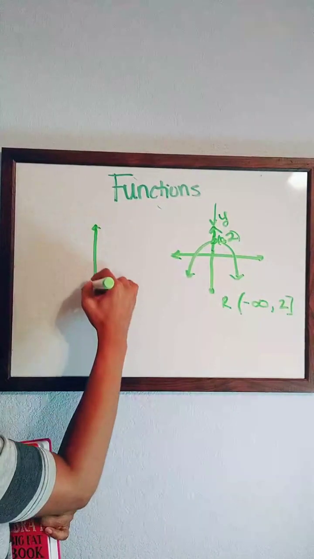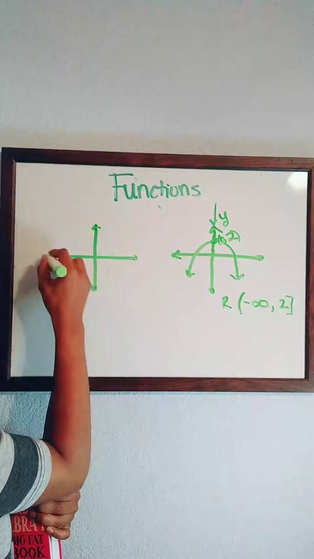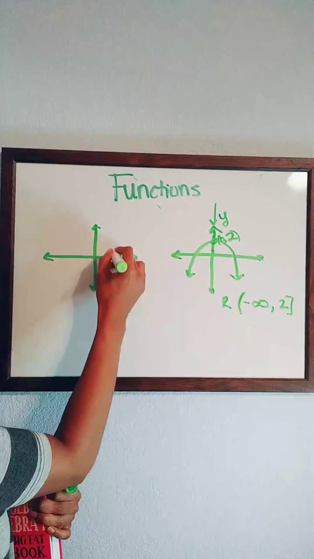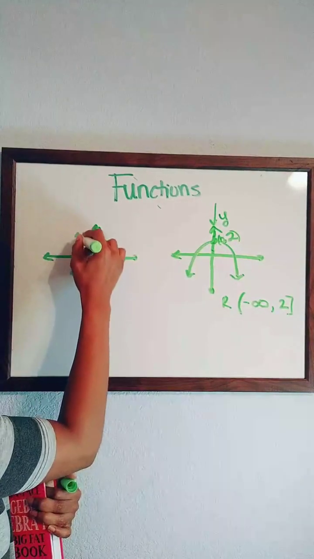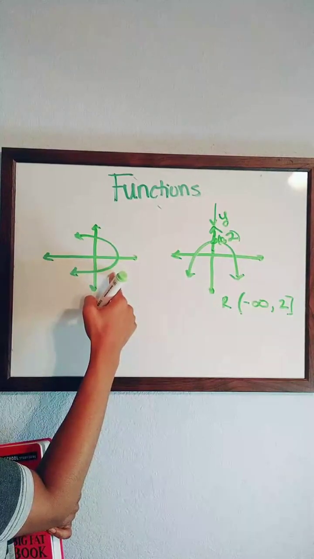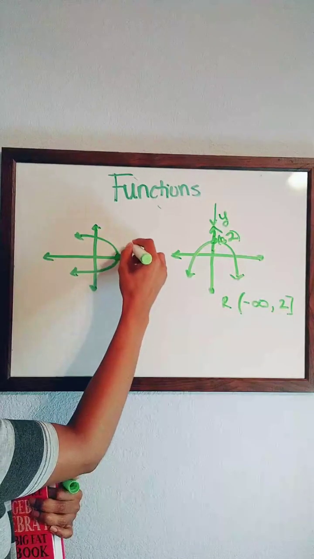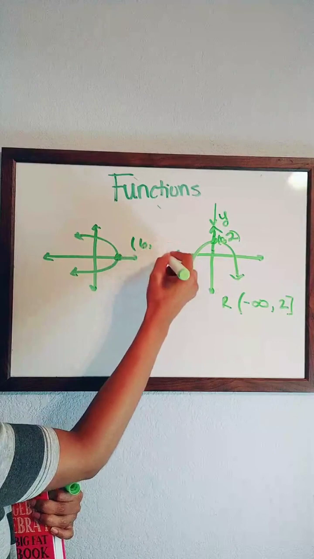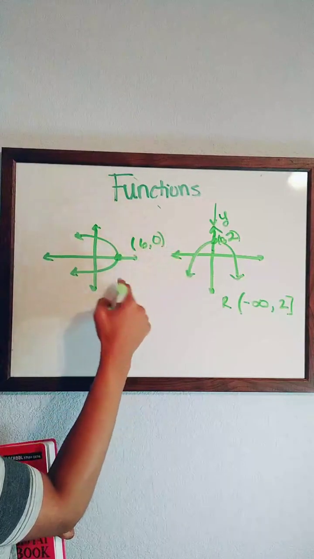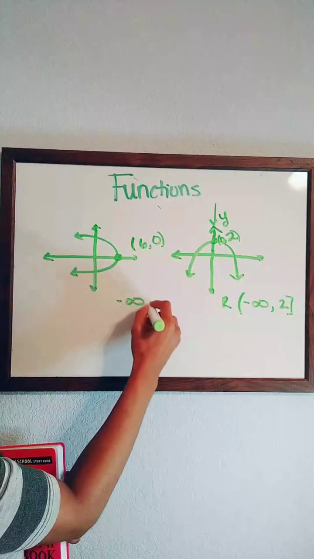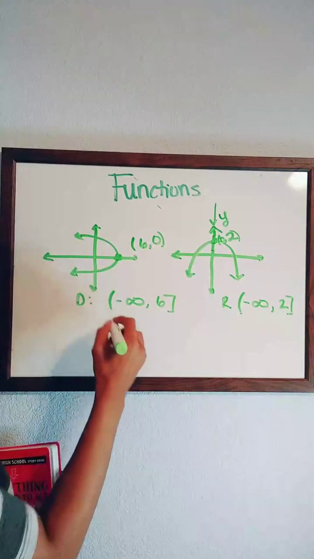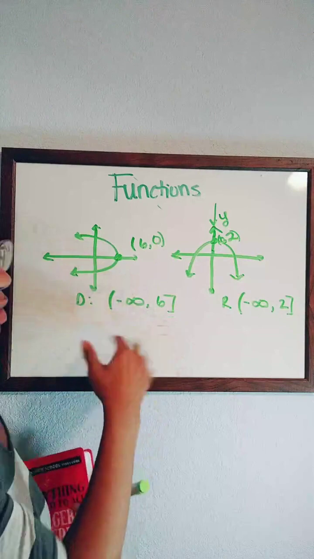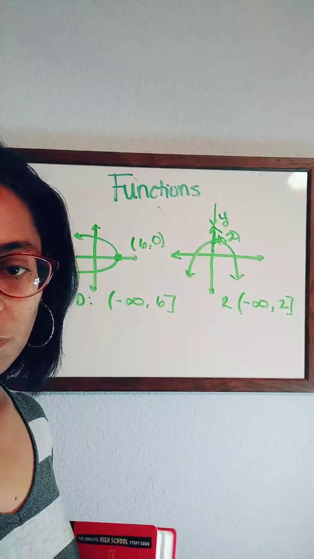But if you wanted to do it on the x, then it would be going this way, right? And you had to find the domain going this way. Well, let's say that this was 6, 0. Then this would be negative infinity up to 6, but it would be for the domain. So it just depends on what part it's on.